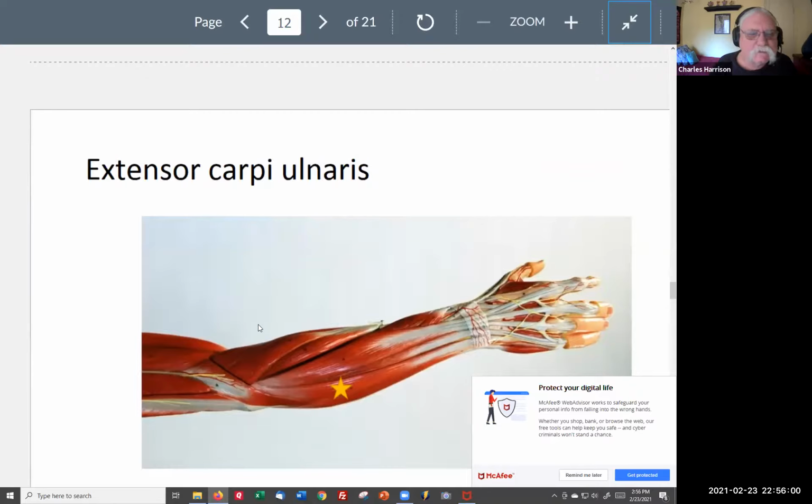This is the extensor carpi ulnaris. Ulnaris because we're on the little finger side, going to a carpal, and here's the muscle itself. It's going to cause the fingers to be extended. Extensor carpi ulnaris.